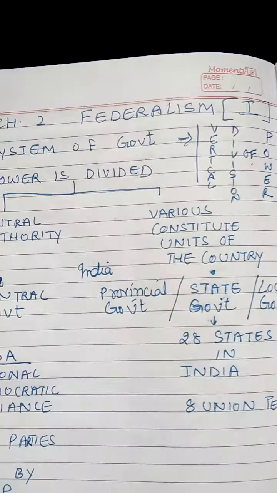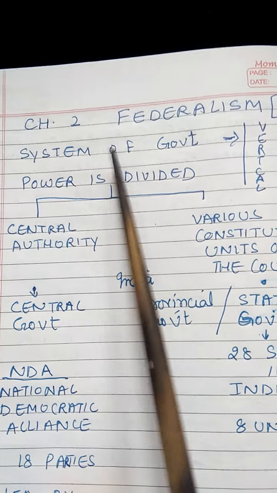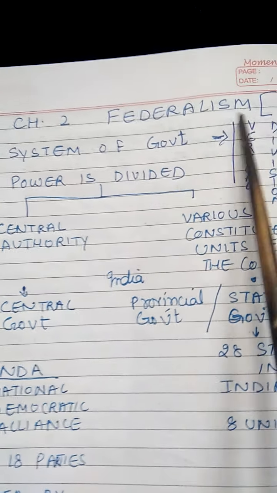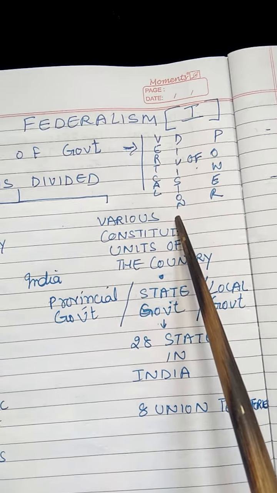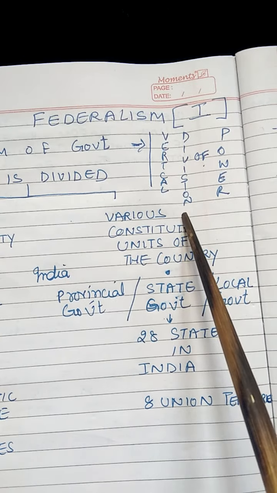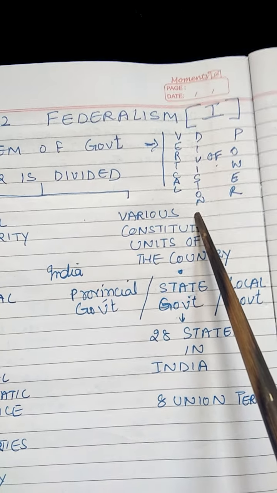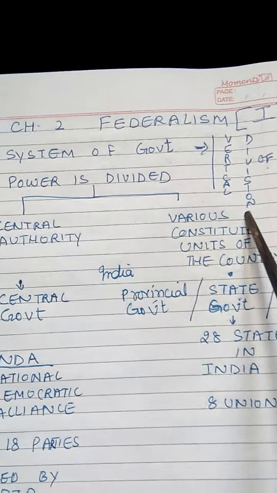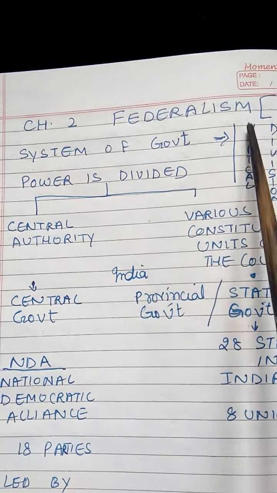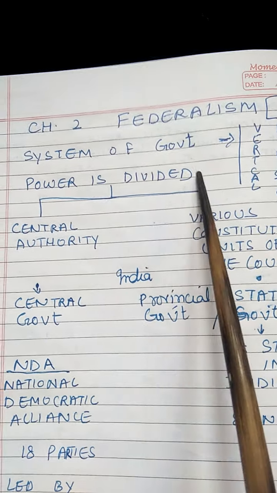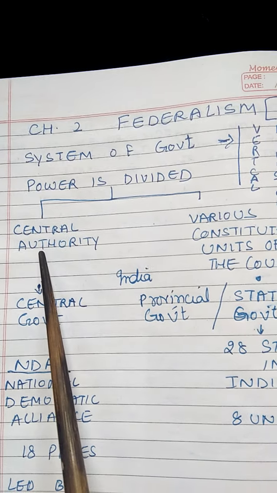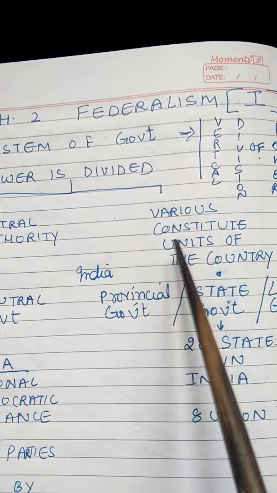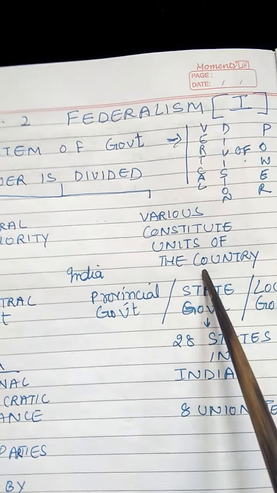So now, when we talk about federalism, this is a system of government where power is vertically shared between the various levels or various tiers of the government. In federalism, power is divided between a central authority and various constituent units of the country.